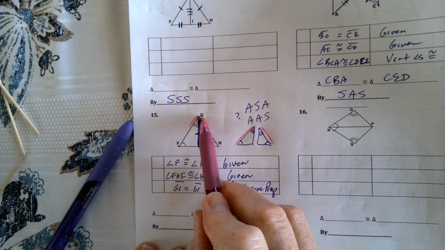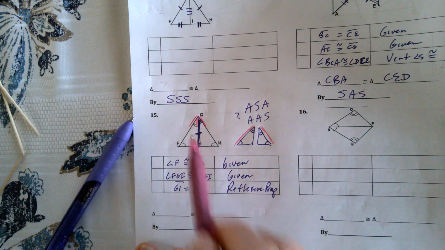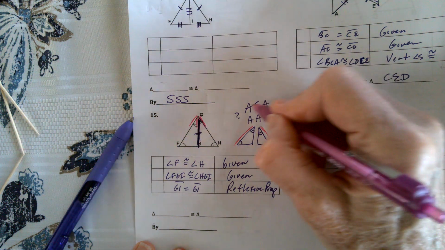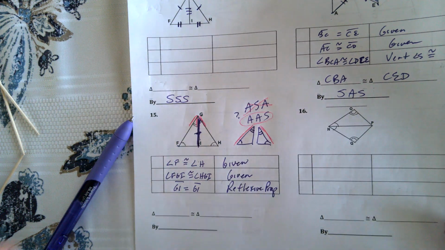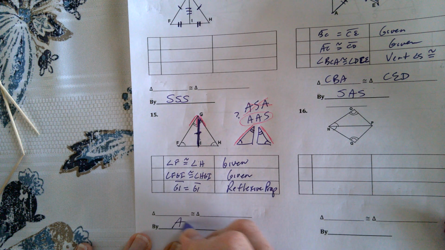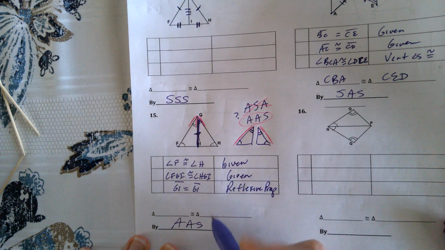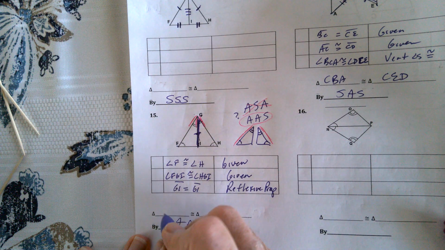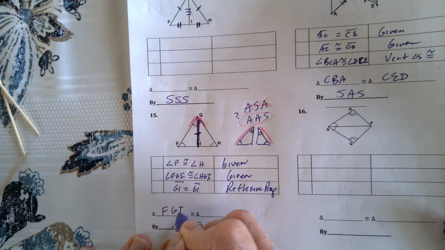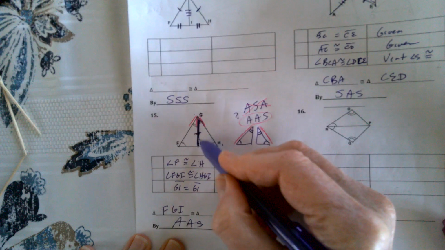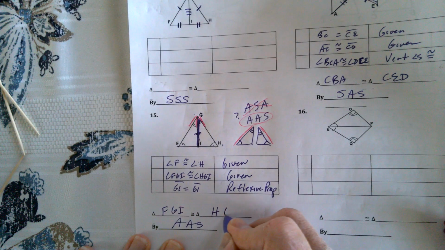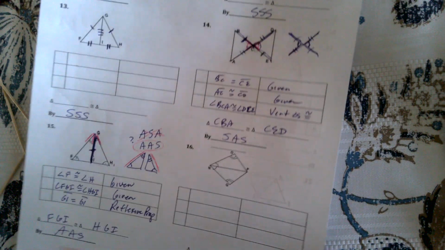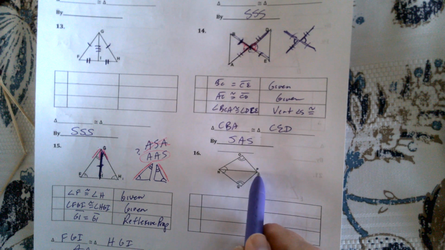I did not give you that side. You're given a non-included side. So I'm going to write angle, angle, side. So let's go triangle FGI with HGI, because the F and H have to match up. Their corresponding angles.